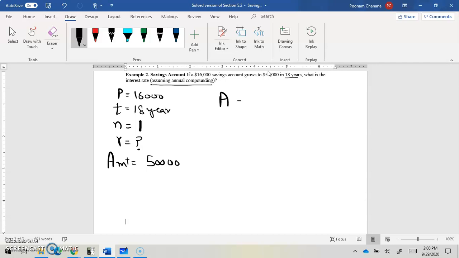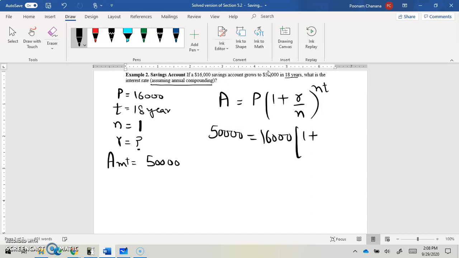Now, what our formula is, amount is equal to principal times (1 plus r by n) raised to the power nt. Amount is given to be 50,000, is equal to principal, 16,000, times (1 plus r, unknown, divided by n, which is 1) raised to the power n times t, 1 times 18.